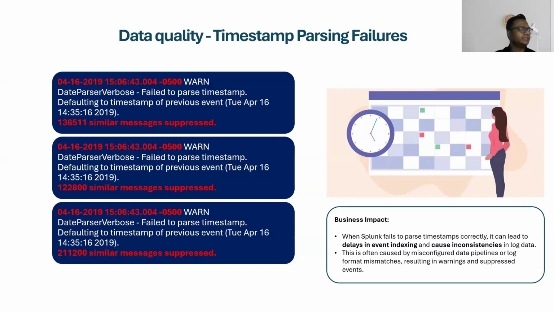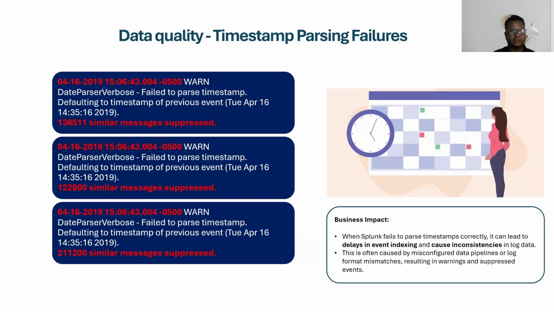We have seen multiple scenarios where the Splunk implementation engineer will implement everything and go away. There will be new data sources coming in, and the data sources vary, from security to other types. Security events are different from transaction events, right? So the timestamp parsing configuration should also be different.